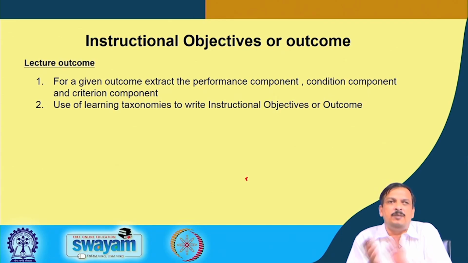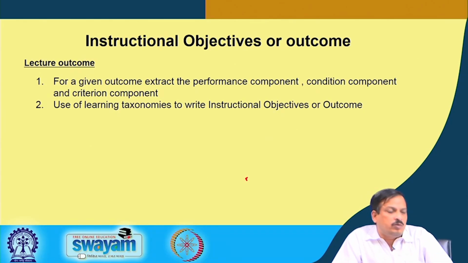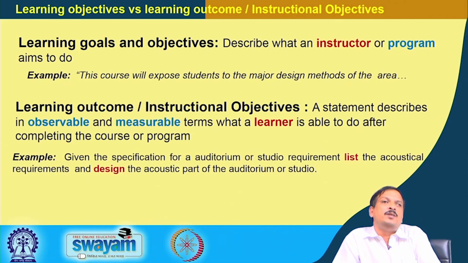Now, I come to the lecture. Instructional objective or outcome. Sometimes the common confusion is between course objective or program objective and program outcome or course outcome. If I say learning objective or learning goal, that is different from instructional objective or outcome.